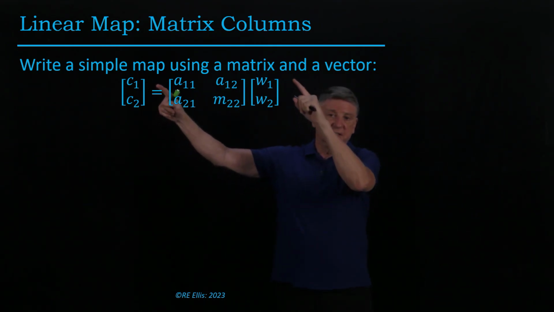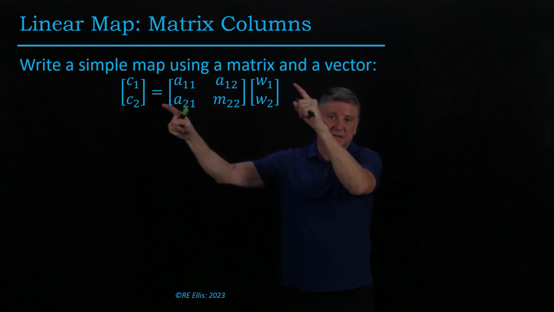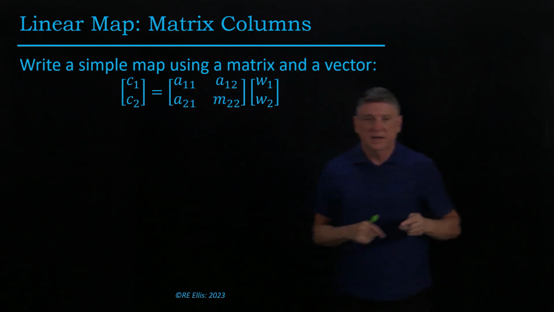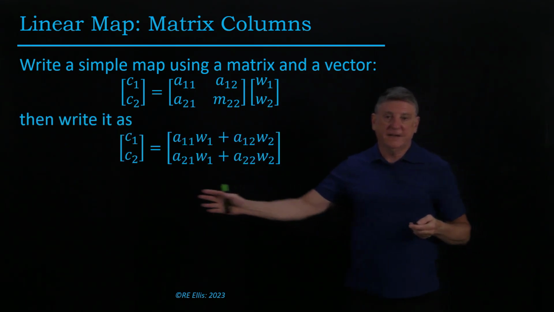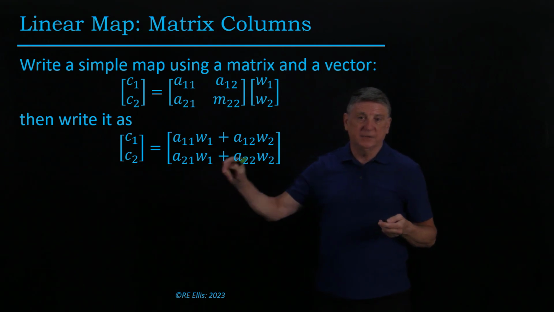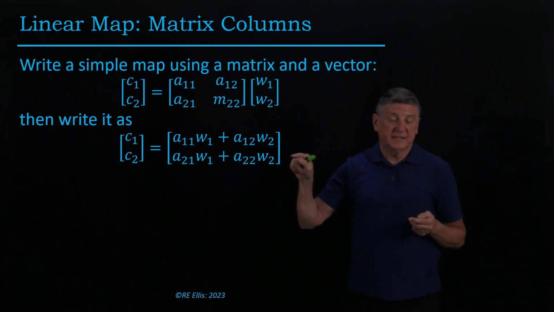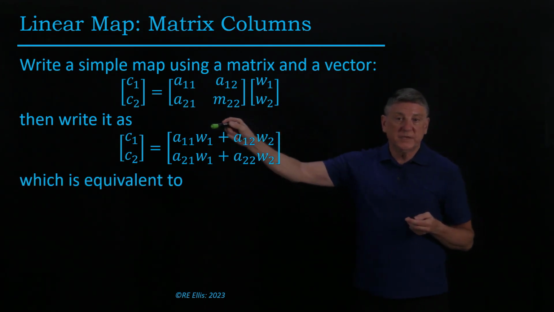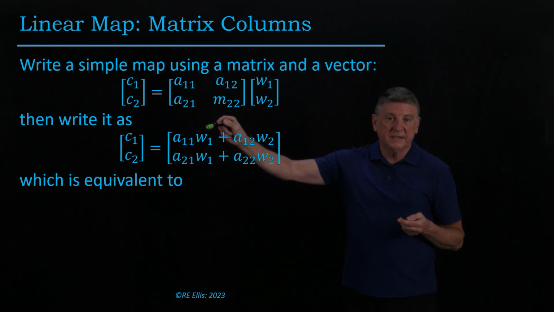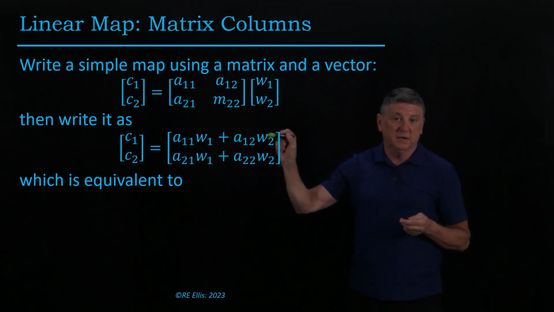One method is to take this row times this, and then this row times that. If we did it that way, what we would write this vector C as is it would have two entries. This is the first entry, that's the second entry. Well, another way that we can write this is we can see, oh, W1 is appearing twice, and we could gather these entries into a vector.